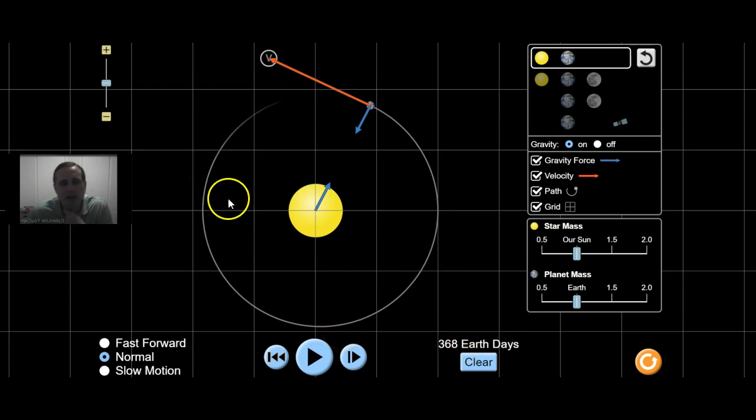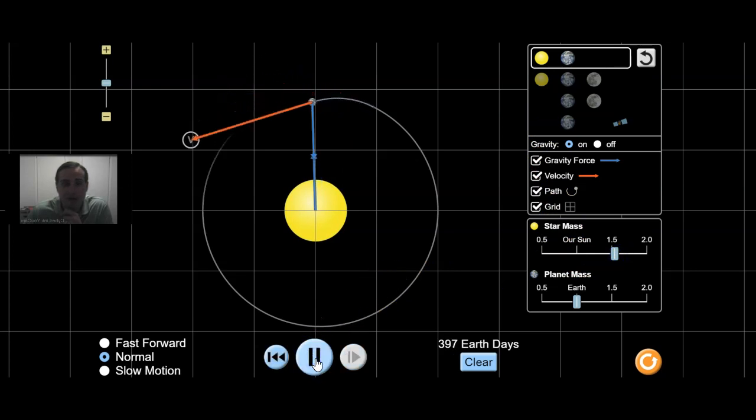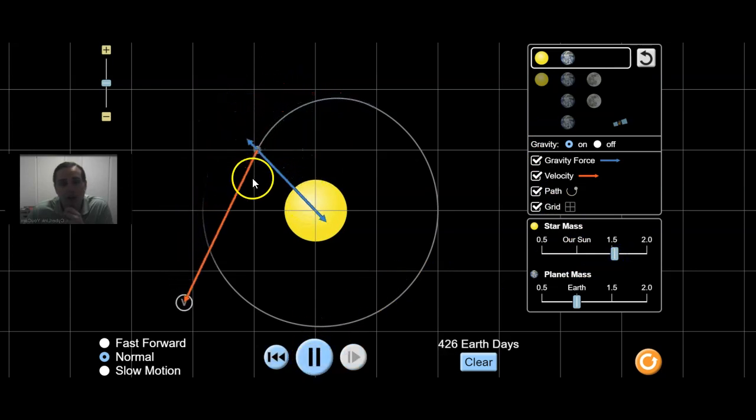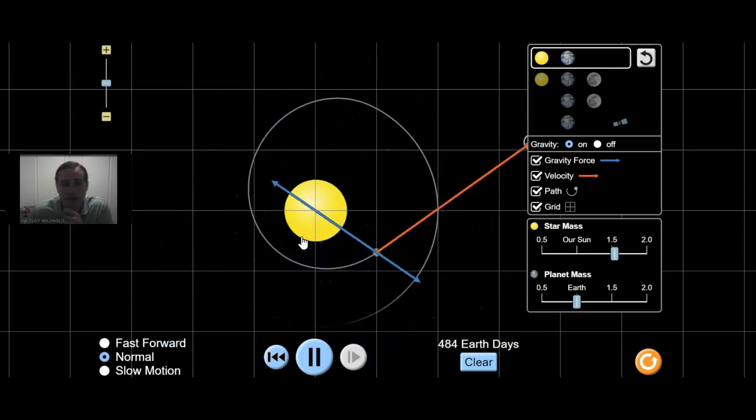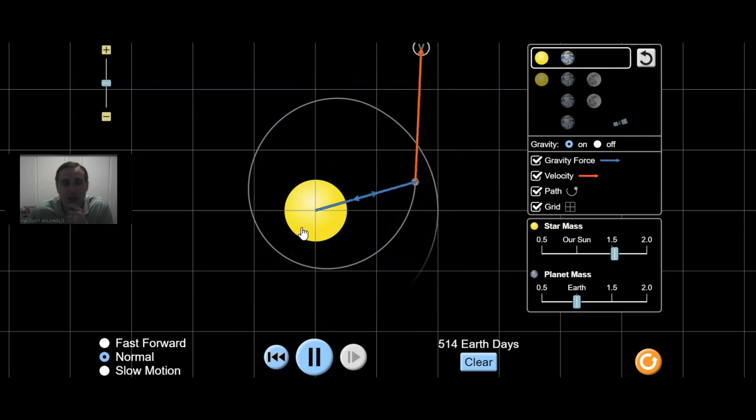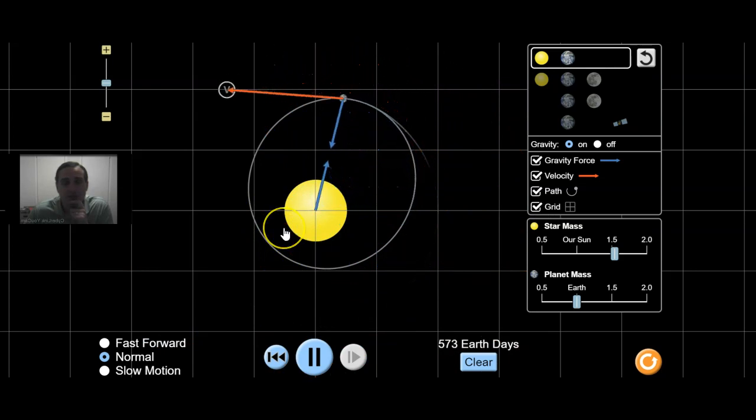Now, notice that even if we increase the mass of the Sun, I noticed that the gravity force on Earth also increases, and Earth would, if it couldn't change its velocity, it would just get closer and closer to the Sun. Okay? And notice that eventually over time, I think the Earth is even going to maybe even crash into the Sun.